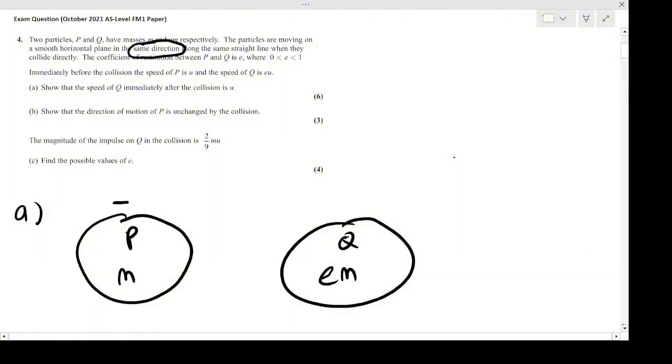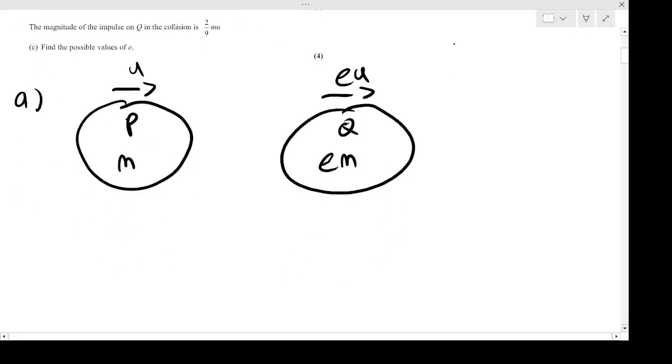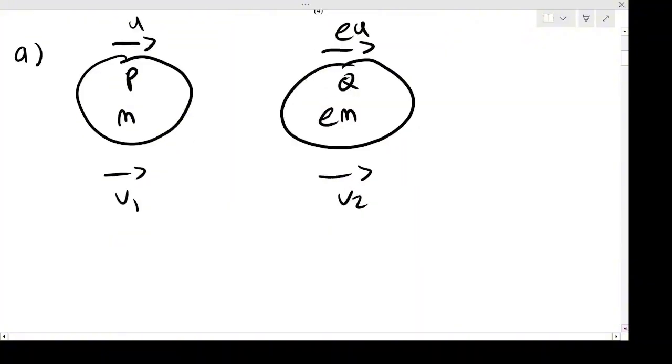So P is going to move forwards, as is Q. I'm told that the speed of P is U here and the speed of Q is EU. Hopefully happy with me here. So the speeds are going to be V2 and V1. Let's say they're both moving forward. And so then momentum firstly.